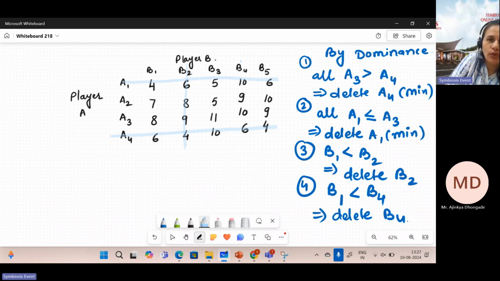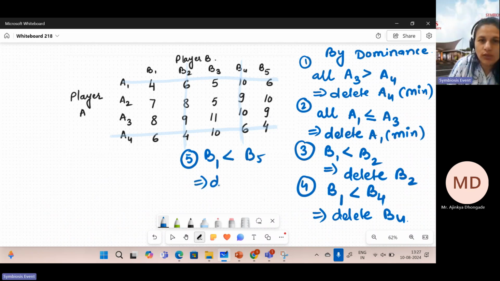So B4 is gone. 10 is greater than 7, 9 is greater than 8. Yes. So fifth step, if I compare B1 with B5, B5 is coming larger. So what it means is delete B5. So if I'm deleting B5, this is gone.